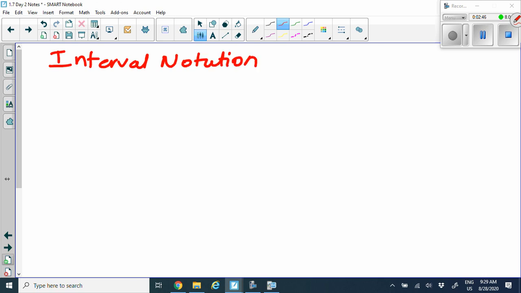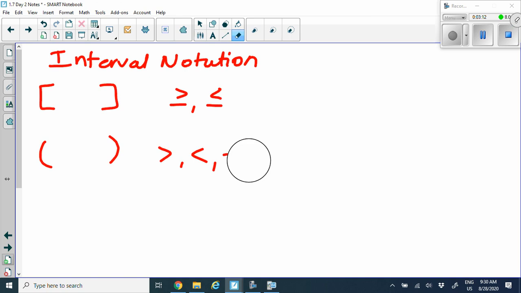We will be using brackets when we have equal bars. We will use parentheses when we don't have equal bars, or we are using the infinity, like negative infinity and positive infinity signs.